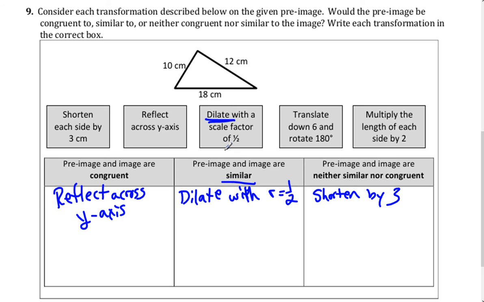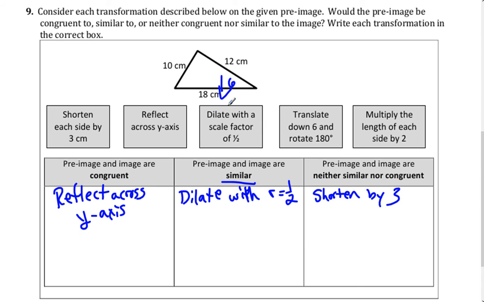Next one, translate down 6 and then rotate 180 degrees. So if I took this guy and I went down 6 and then turned it 180 degrees, would it be the same size or different size? Well, I'm not doing a dilation, so it'd have to be the same size.